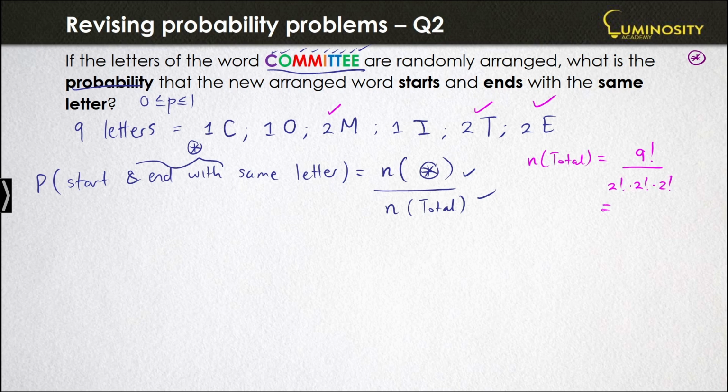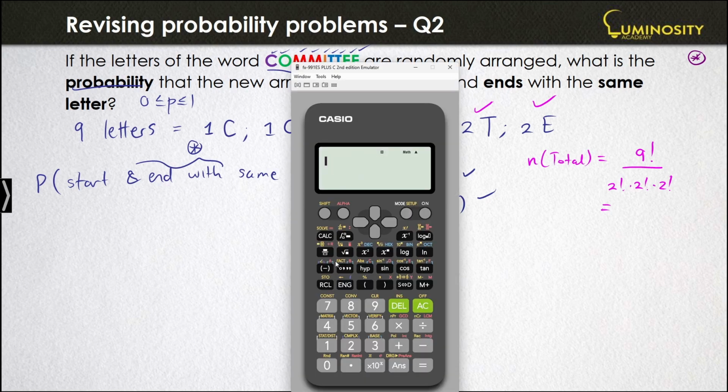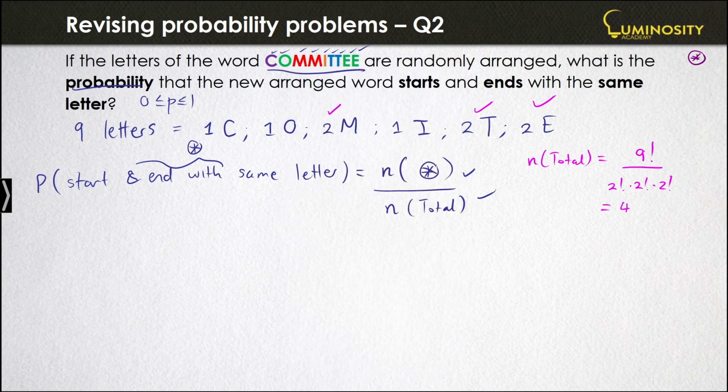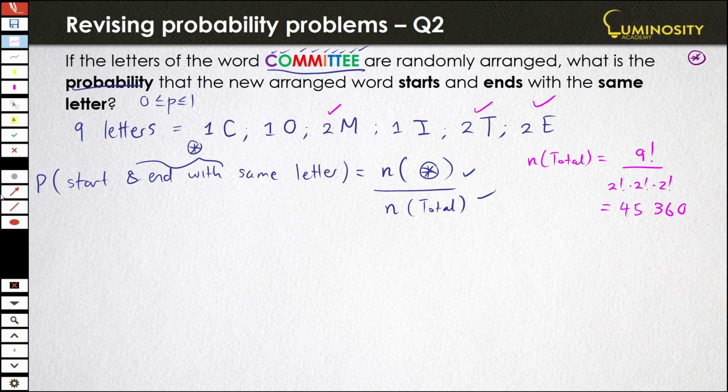If we bring up our calculator, 9 factorial divided by, well, 2 factorial is just 2, so I can put it like that. That's going to be 45,360. That's the total number of ways we can arrange the word committee if we weren't given any restrictions.